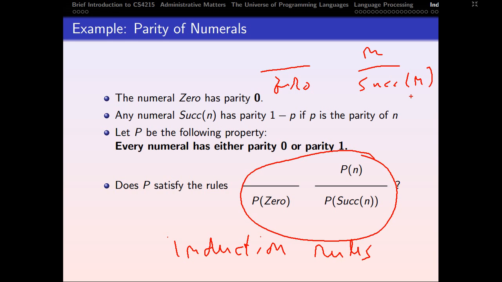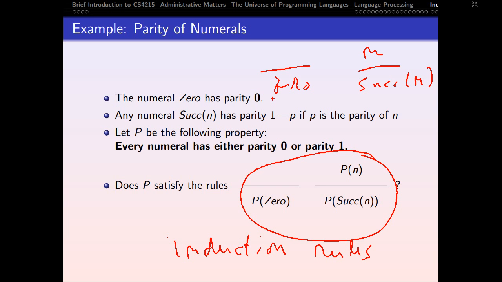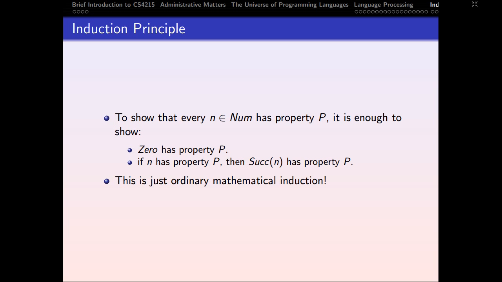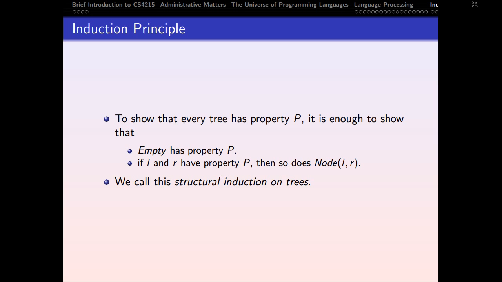So it turns out that we put a p in front of everything and we just got the induction principle. Okay? And that we can do for any data structure. And then once we have these rules, it's a bit of a stupid proposition, but it's very easy to prove now. All right.